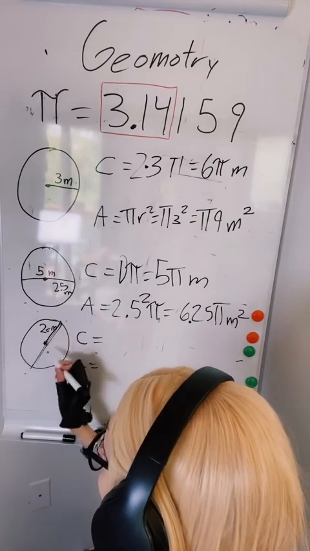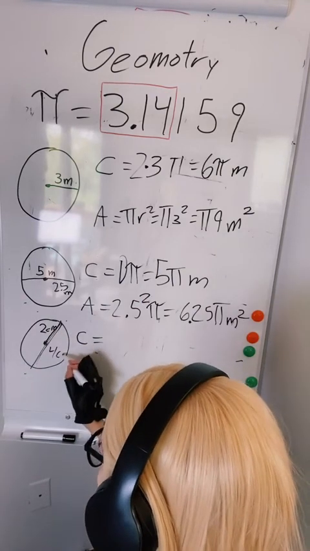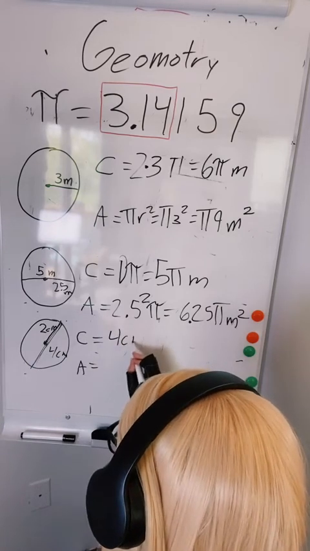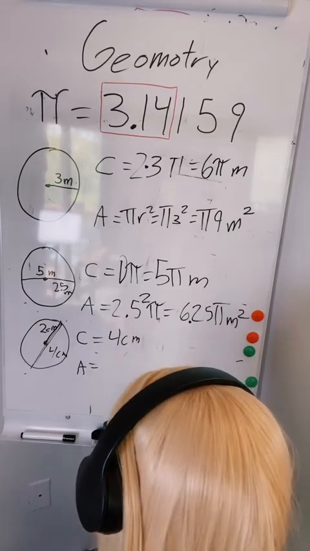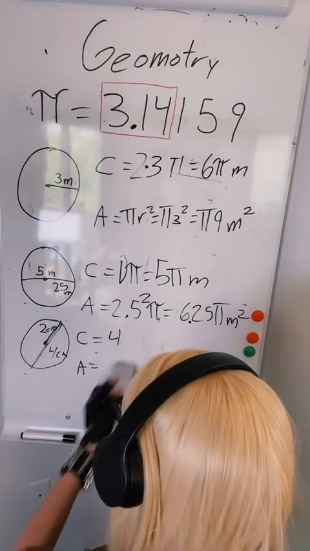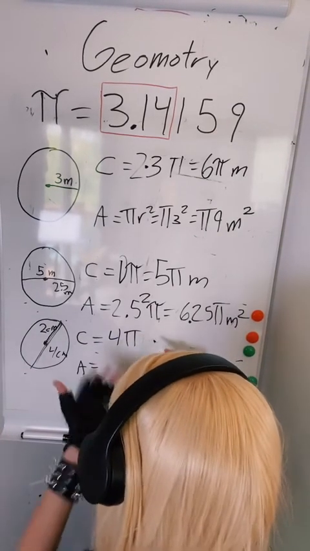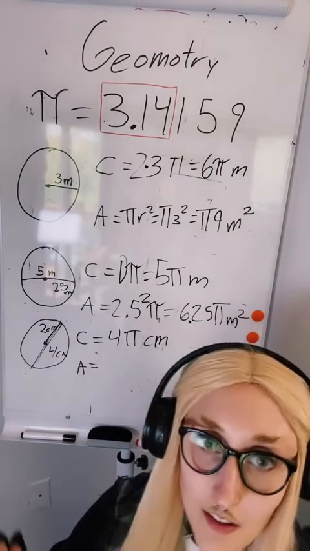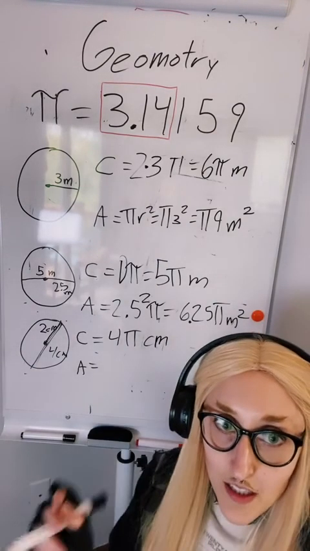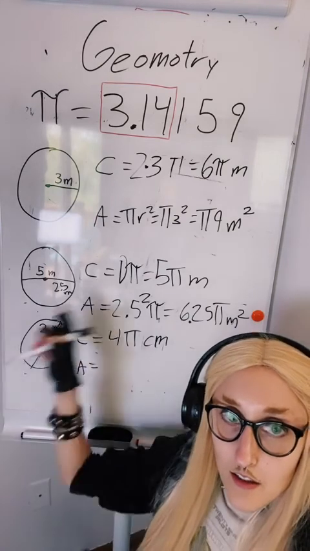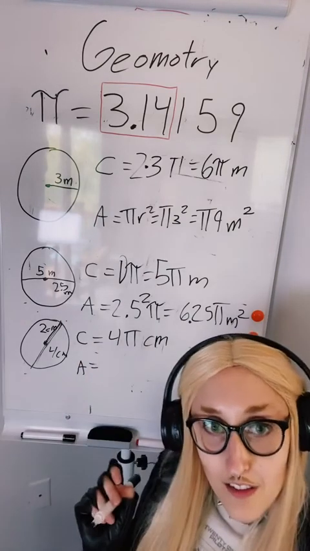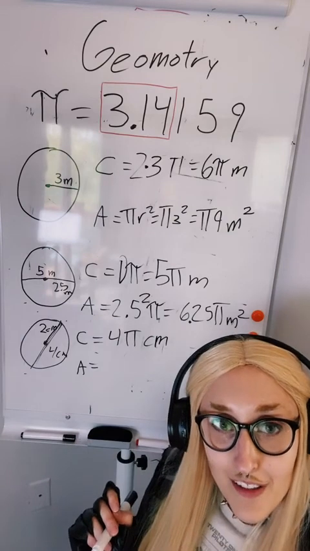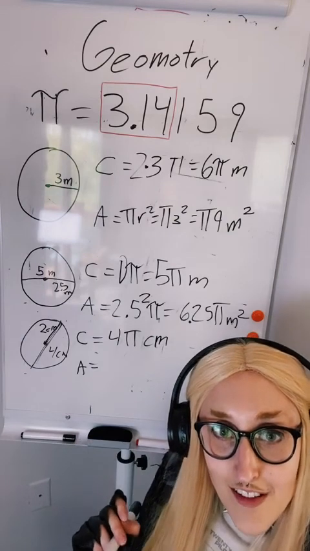My radius is 2 centimeters, so my diameter is 4 centimeters. So 4 times pi, it's just 4 pi centimeters. It's expressed with just the centimeters because it is just the line around the circle. Nice job, everyone.